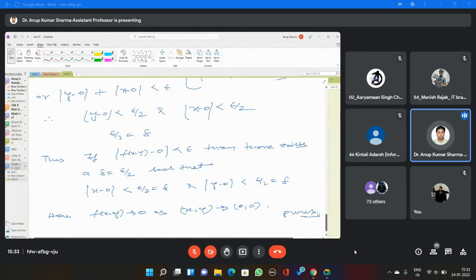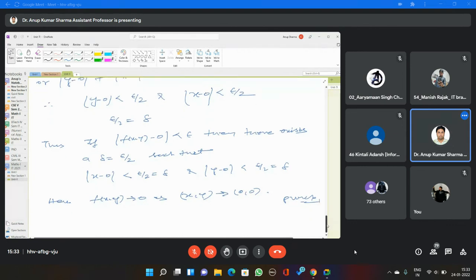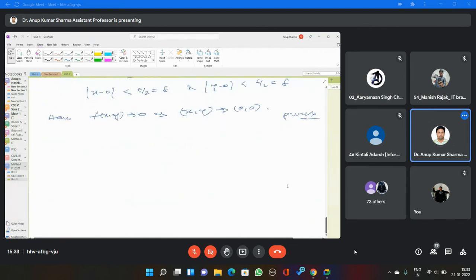Now we come to continuity. These are all epsilon-delta forms. But when the function f(x,y) is defined in some other way, like xy upon x square plus y square, it is a little bit difficult.